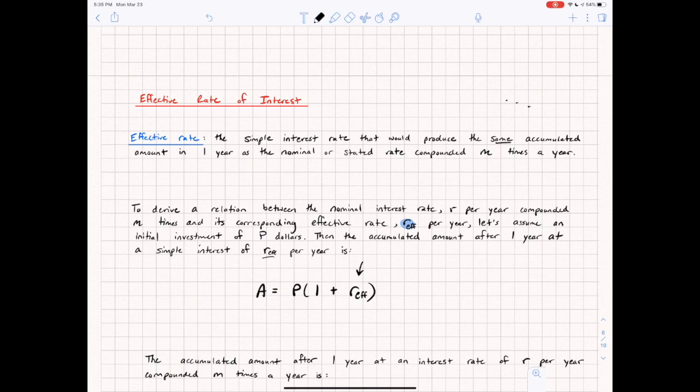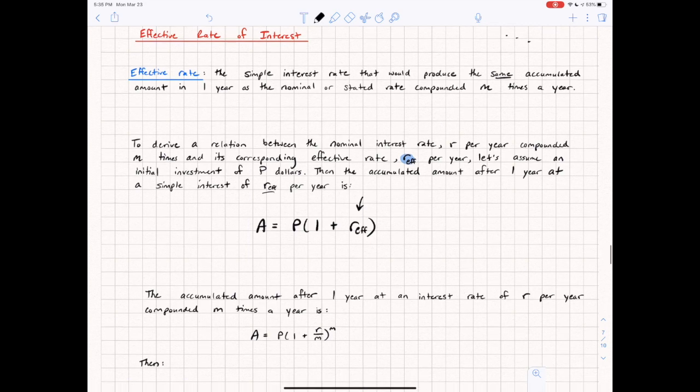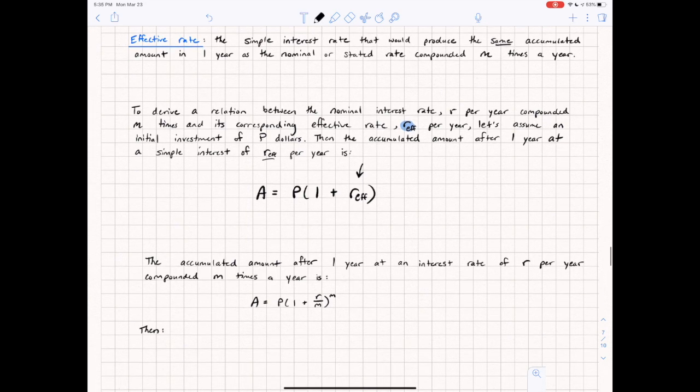Now, the accumulated amount after 1 year for compound interest, where I'm compounding m times a year, is given by the formula here: A is equal to P times 1 plus R over m, to the m. And if we're going through and trying to solve for the effective rate, notice that both of these equations here are both set equal to A.